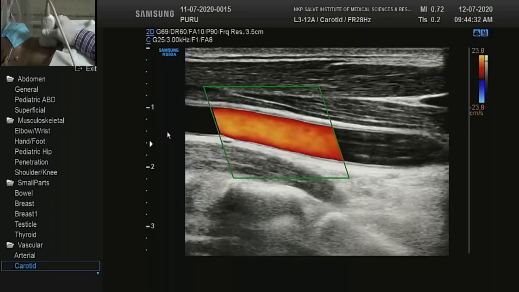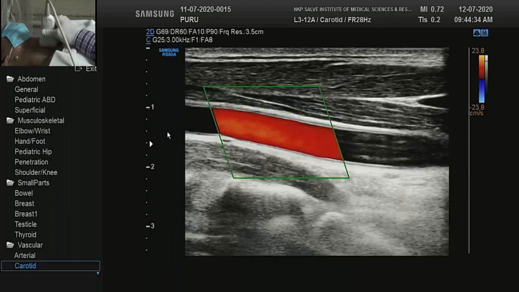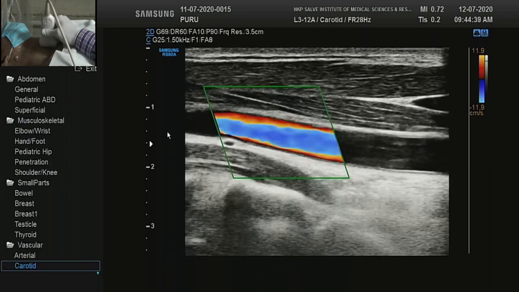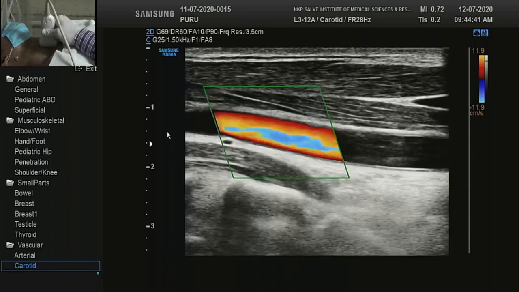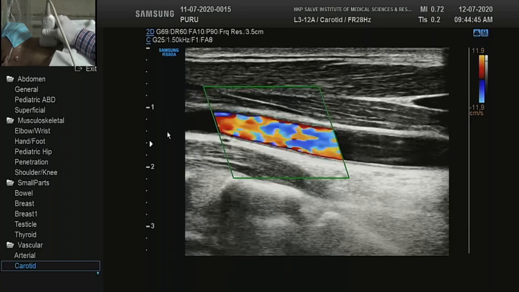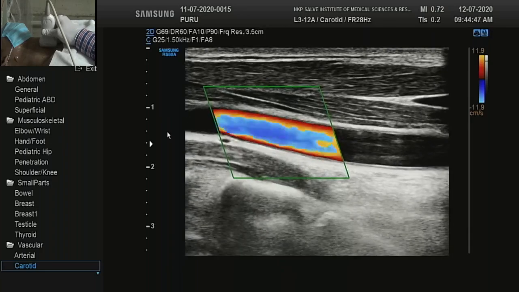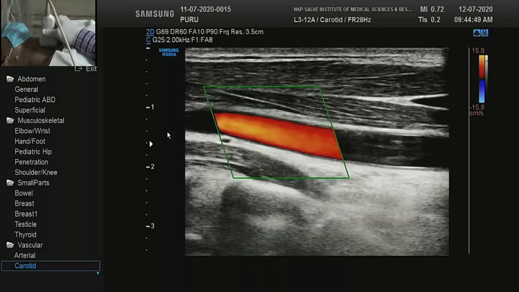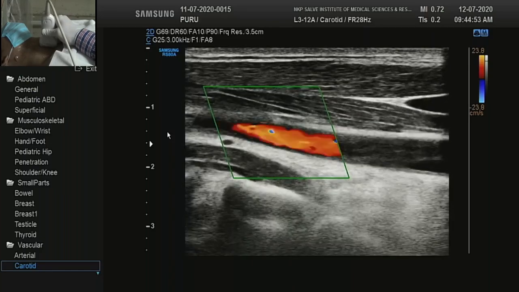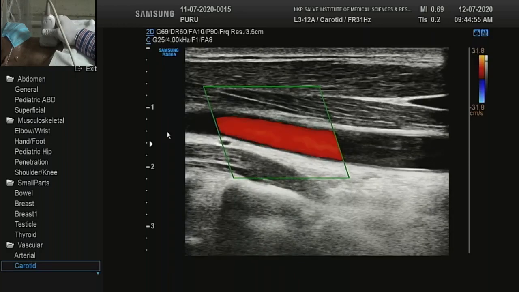Same is true with scale. So this is optimized scale given by the machine, and if I reduce it, you will see all blood is seen as aliasing. So the PRF is low, the Doppler shift is more, and therefore it produces aliasing. To reduce aliasing, we will increase the color PRF.